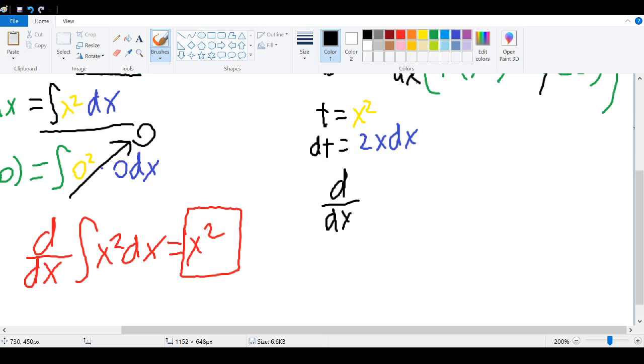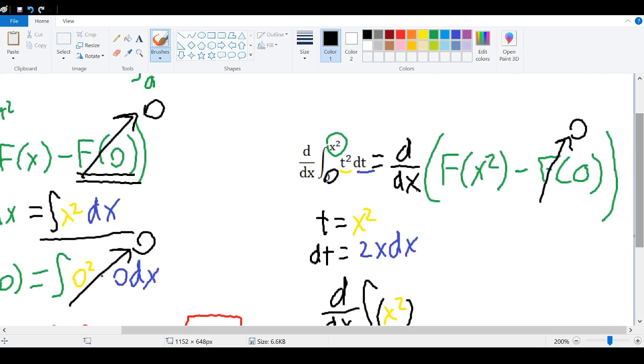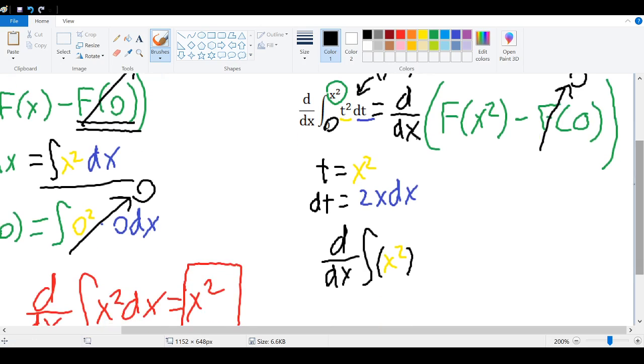The derivative stays the same of the integral of, here we have x squared, but it's squared because if we're substituting in x squared for t, in our function we have t squared, so this would become x squared quantity squared. So that's what comes down. And then we multiply again by 2x dx.